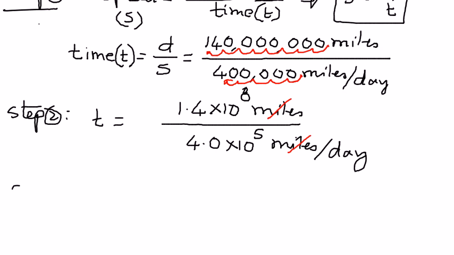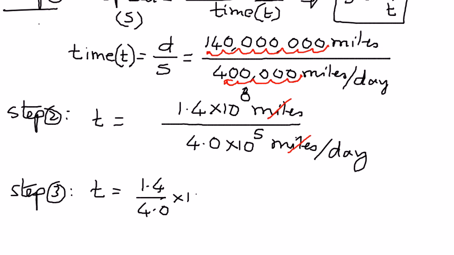Then in step number 3, when we simplify further, we can express the time as 1.4 divided by 4.0 times 10 to the power of 8, which is in the numerator, and then we bring up the 10 to the power of 5, which is in the denominator. When we bring it up to the numerator, we express it as a negative exponent.